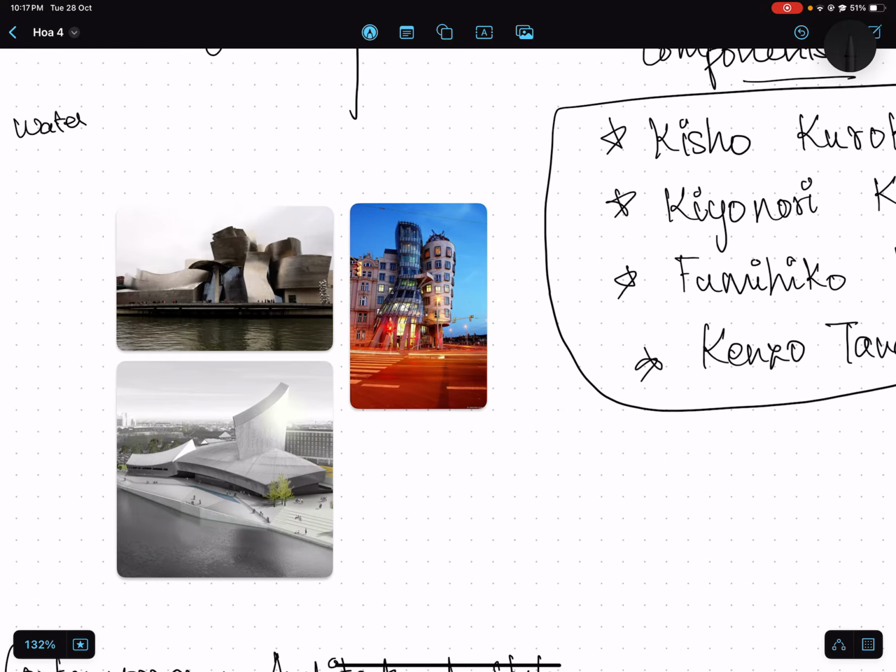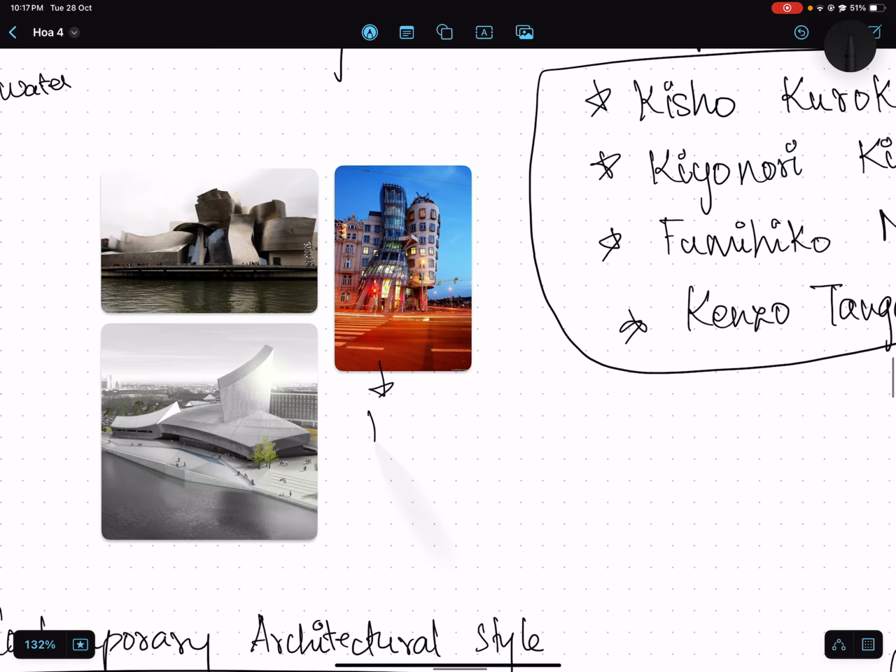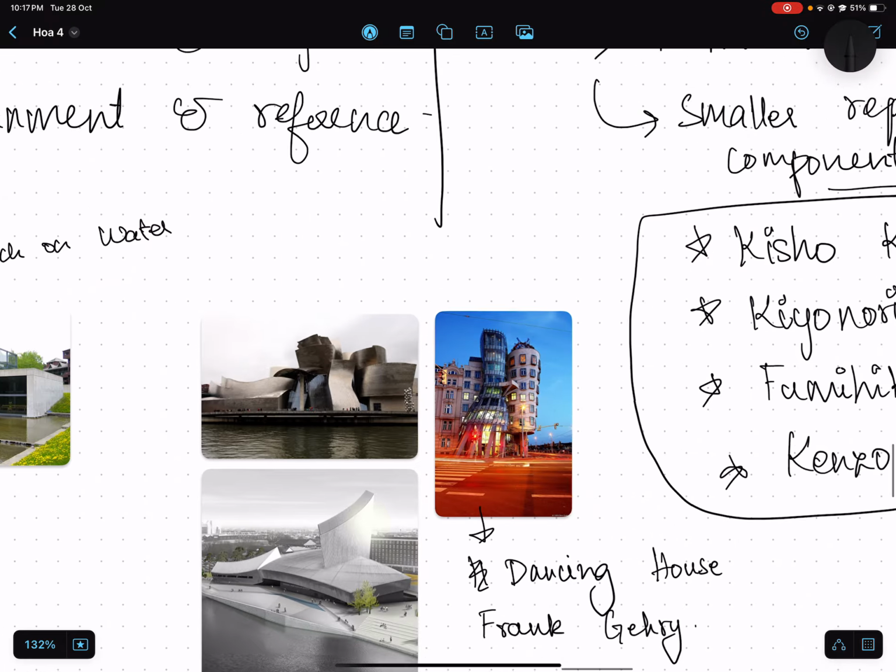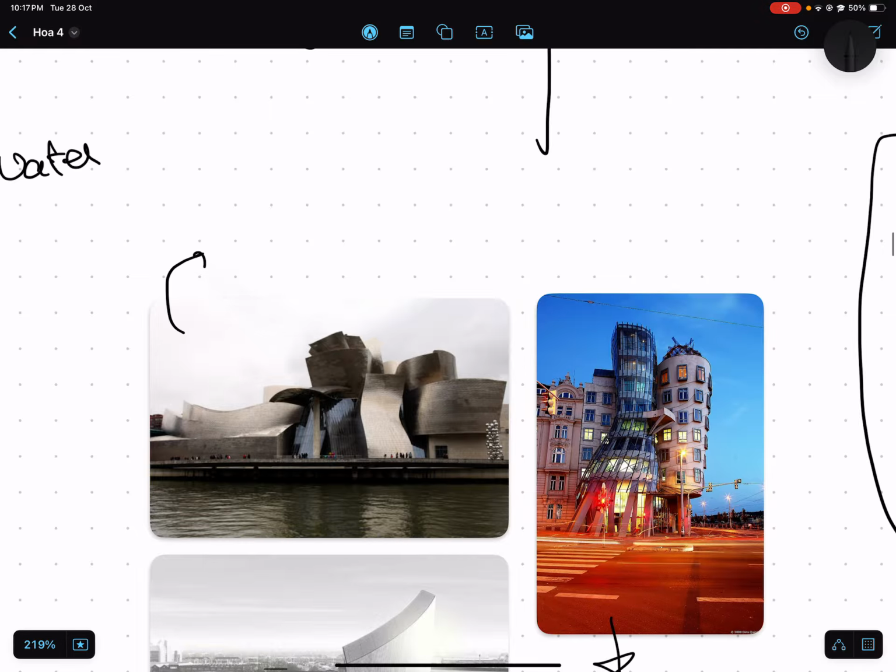So examples of deconstructivism: this is Dancing House by Frank Gehry. And this is Guggenheim Museum, again by Frank Gehry.